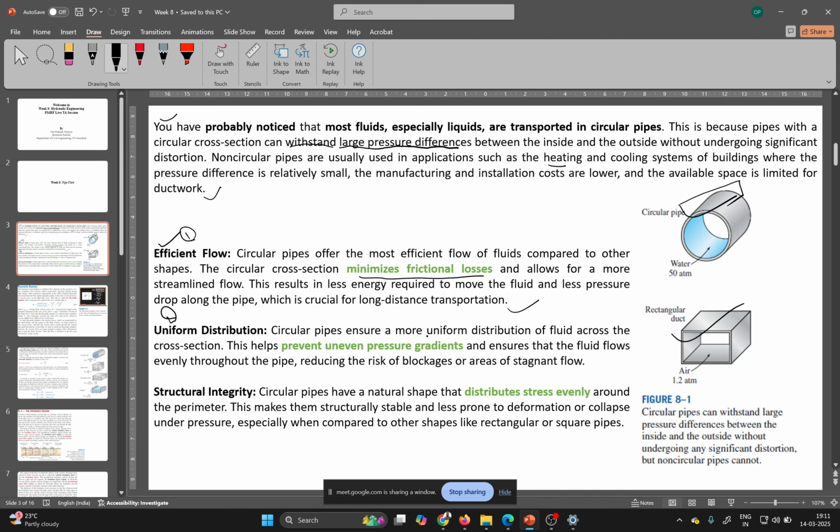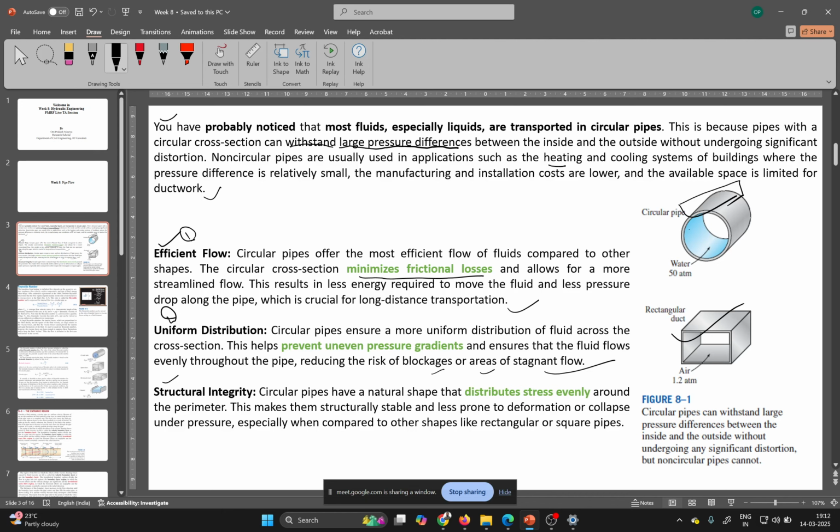A circular pipe ensures a more uniform distribution of fluid across the cross section, and this helps prevent uneven pressure gradient, because the fluid distribution is uniform everywhere. It ensures that the fluid flows evenly throughout the pipe, reducing the risk of blockage or stagnant flow.